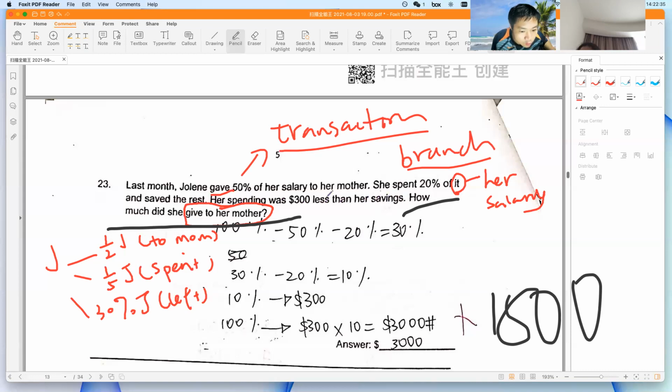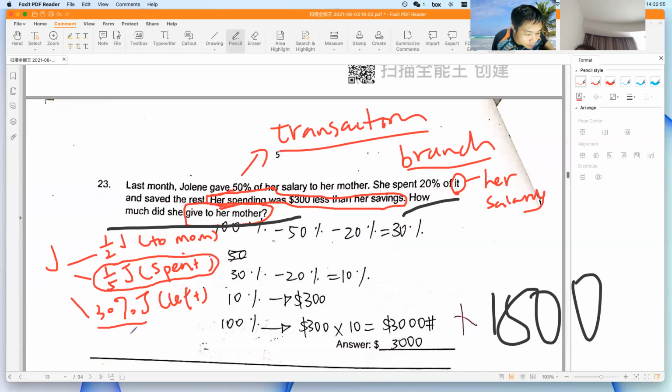So her spending was $300 less than her savings. Okay, good. Because of this statement, what you realize is her spending. So her spending is which one? Her spending is this one, 1/5 J. Her saving is what? 30%.